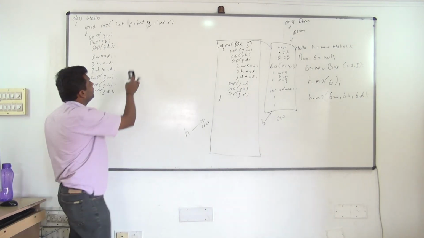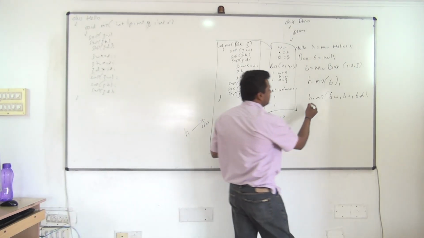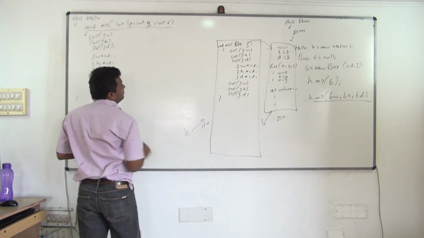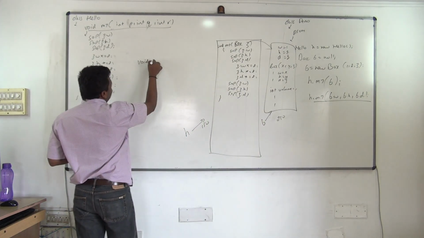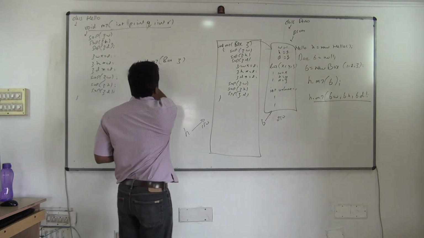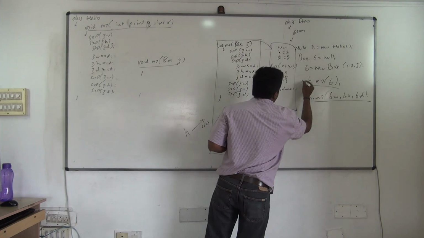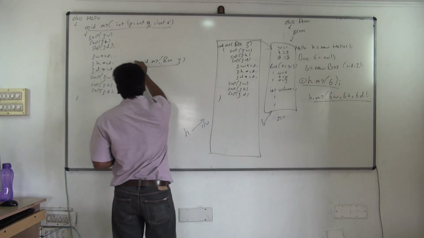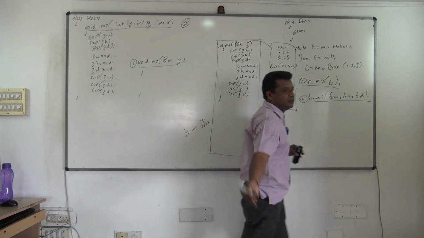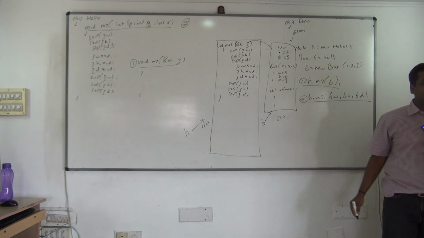This is much better. One option is this with this. The other option is void M7 with Box Z. This one and this are the 2 options. Which one is comfortable, you tell me now? One is much better.